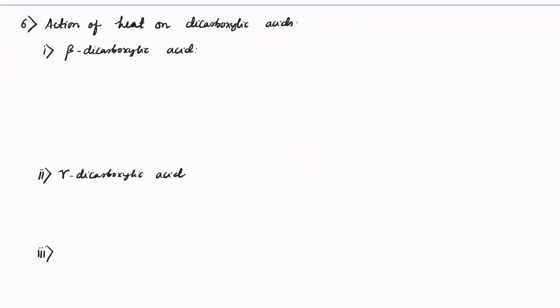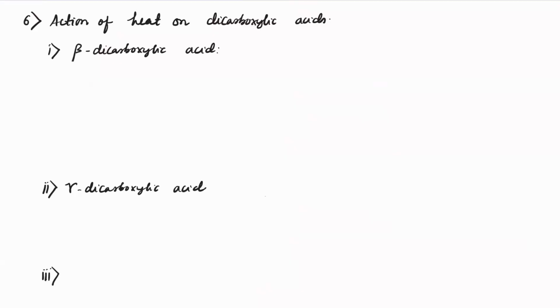Next, what happens if you take the action of heat on dicarboxylic acids? Starting with beta dicarboxylic acid, that is, if you have COOH and COOH. So with respect to one COOH, the next carbon is alpha, the other carbon is beta. This on heating, what would happen?